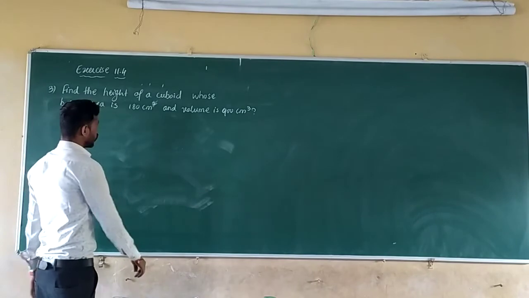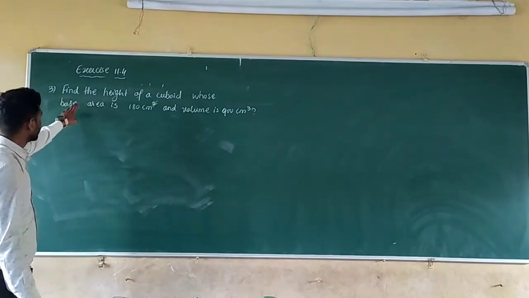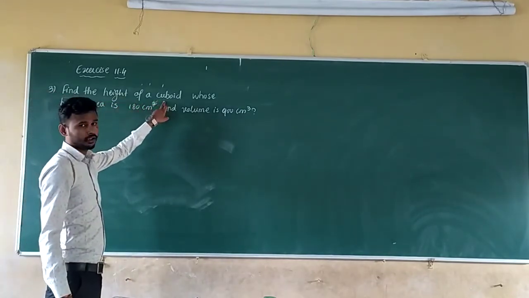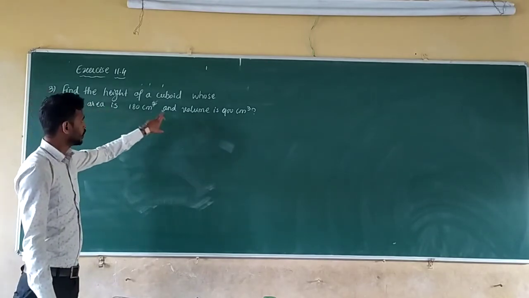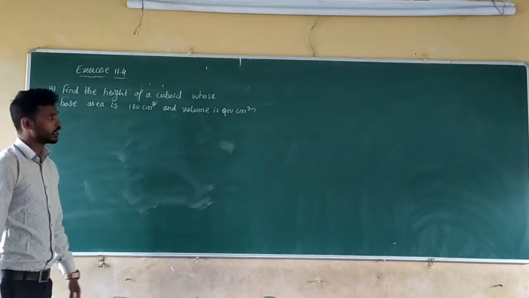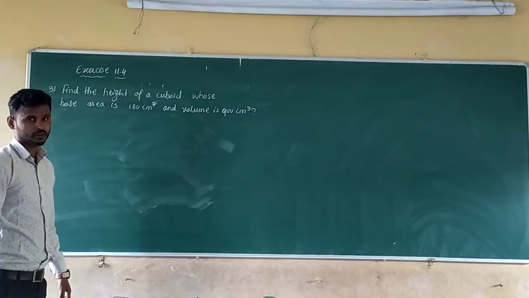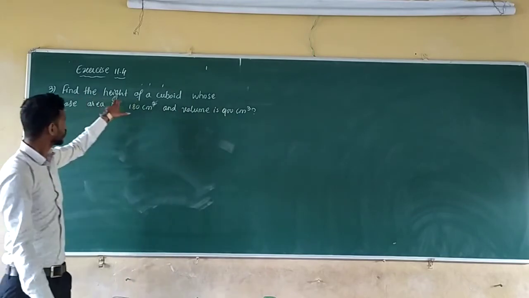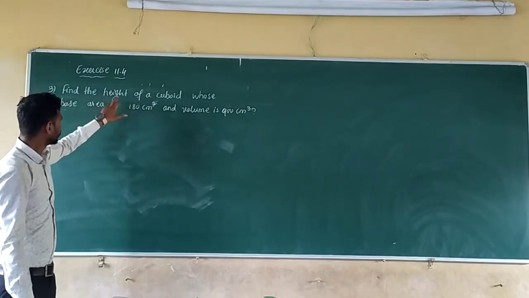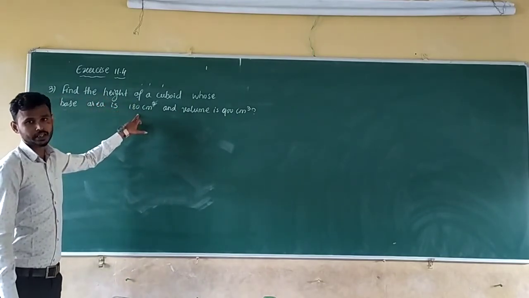Okay, let us see the third question. Find the height of a cuboid whose base area is 180 centimeter square and volume is 900 centimeter cube. So here they have given the volume of a cuboid and the base area, 180 centimeter square.